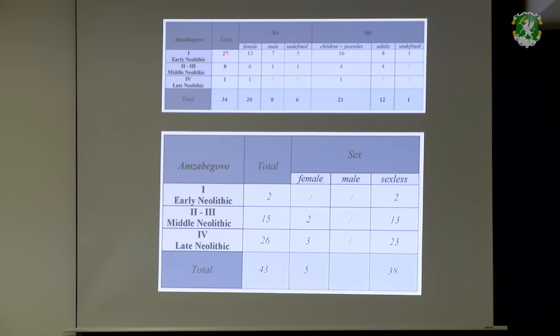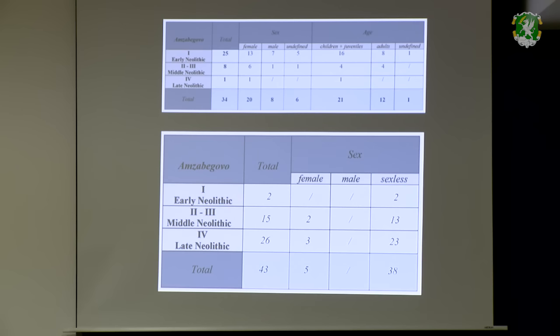In the early Neolithic there are 25, and you can see the number is decreasing as it goes further. In spite of that, the number of figurines is quite small in the early Neolithic, but their number is increasing as it goes further into the Neolithic, which means that there is some kind of shift in how the human body was ritually used in the settlement and how it was represented.